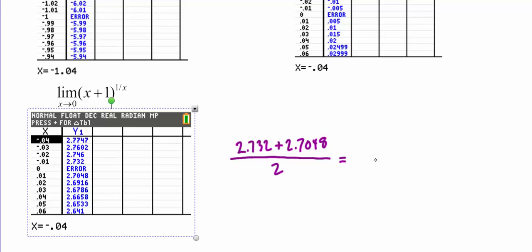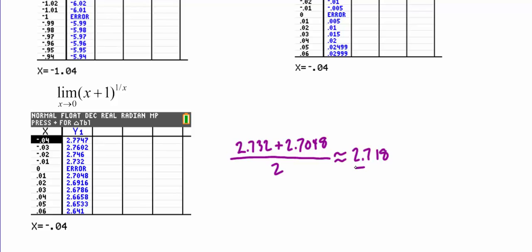Now when I do that, I get about 2.718. I'm double checking that number real quick. Yeah, 2.718. Now, some of you may recognize this number, 2.718. It's e. Our old friend comes back. Really interesting way to find e.